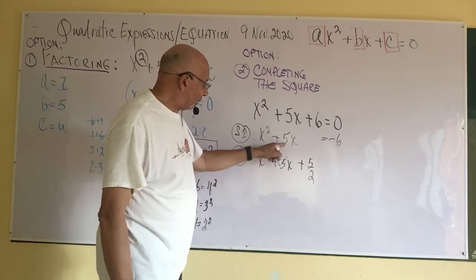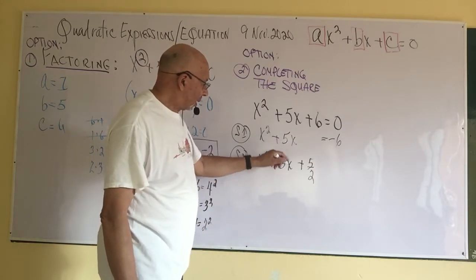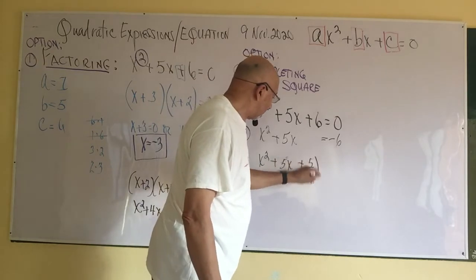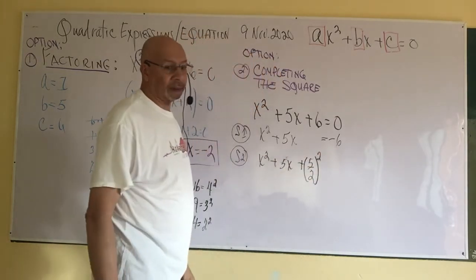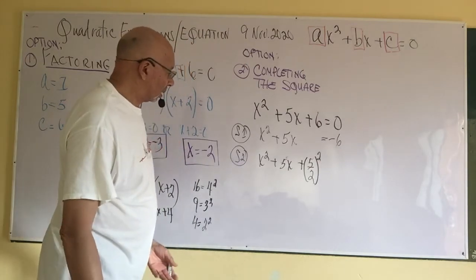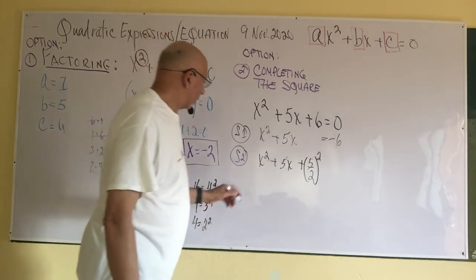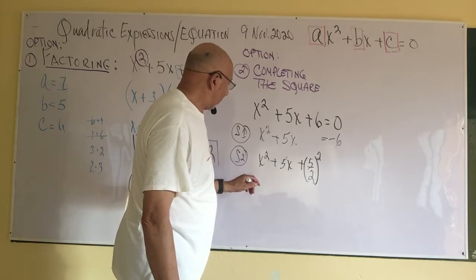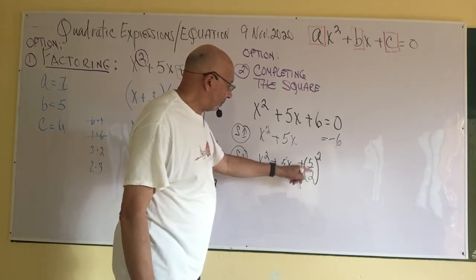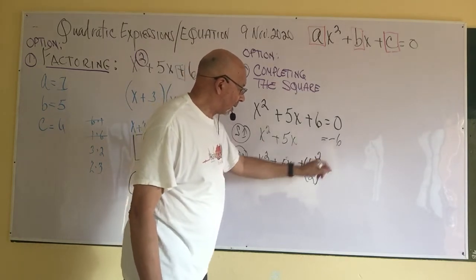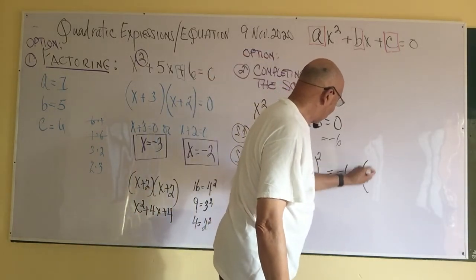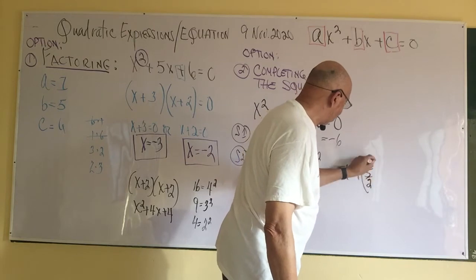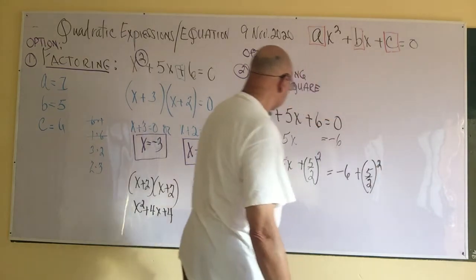So if I take half of b and then I square it, that will create a perfect square right here. So let's do it and we'll see. Since I've added 5 over 2 squared, I have to add it to this side, otherwise it won't be equal. So that's negative 6 plus 5 over 2 squared.